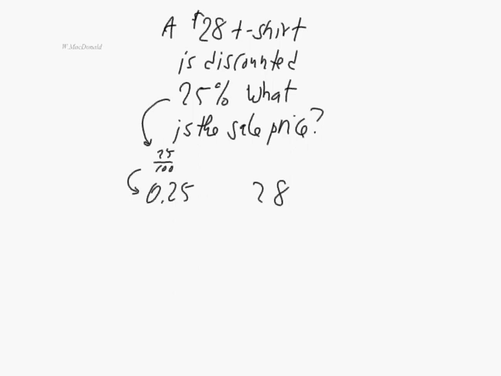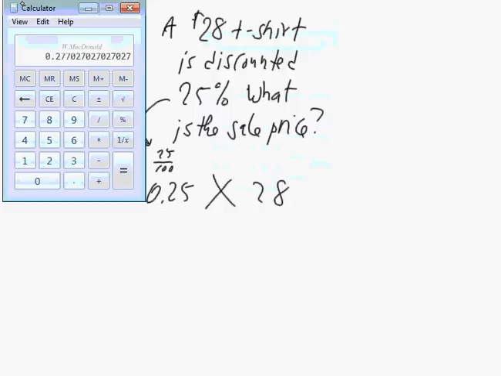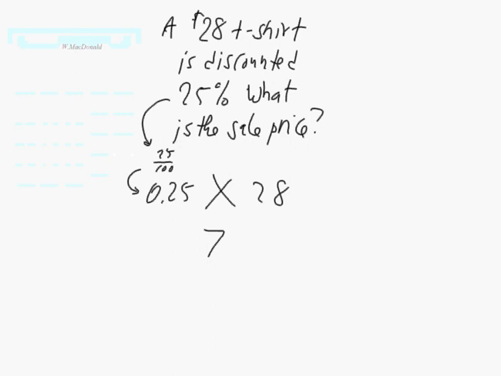Since "of" in mathematics is generally thought of as being multiplication, I can take my calculator and go decimal 25% of $28, and I get $7. But that's not my answer. It says it's discounted by $7. So the next step is to take your $28 t-shirt, subtract your $7 discount, and you get $21 as your final answer. That's the sale price.